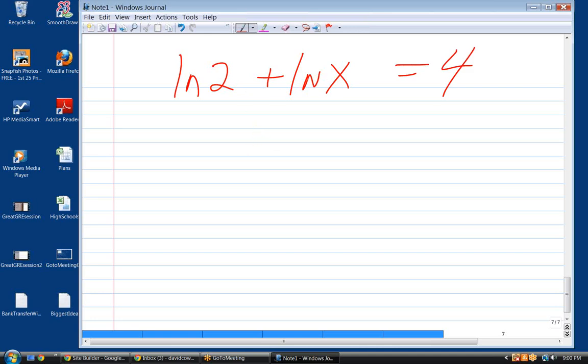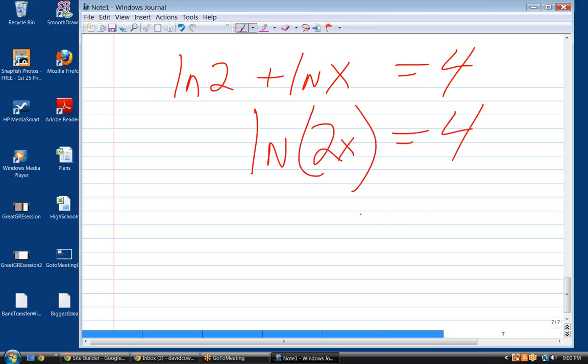In other words, we don't really have a way to solve it if we don't do that. I mean, that's a number, so I suppose I could turn that into the number, move it over there, and then put it in exponential format, solve it that way. But that's not the best way to solve it. The best way to solve it is to make it the natural log of 2x equal 4.